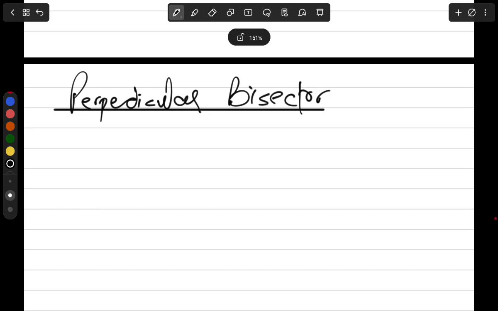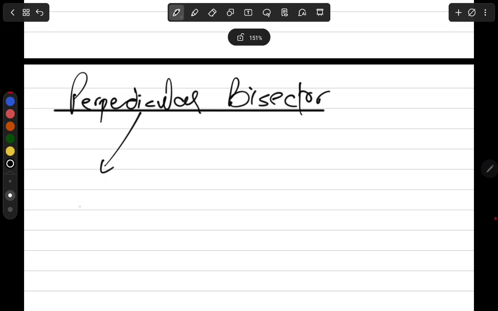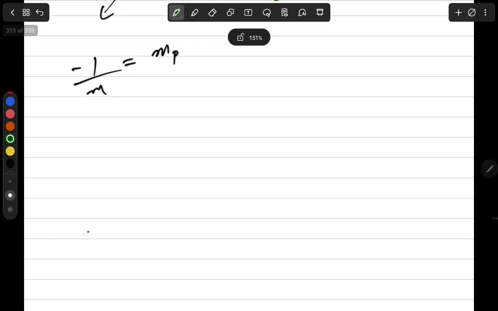Now let's come to the perpendicular bisector. Now perpendicular bisector shows us two things. We have already covered perpendicular. We know that if we are given an equation, we can find out its gradient, and then taking the negative reciprocal, negative 1 upon m, we can find the gradient of the perpendicular. So that's absolutely easy. Now we have also done the bisector. So let's say you have to find the equation of a line that is a perpendicular bisector to the line AB.